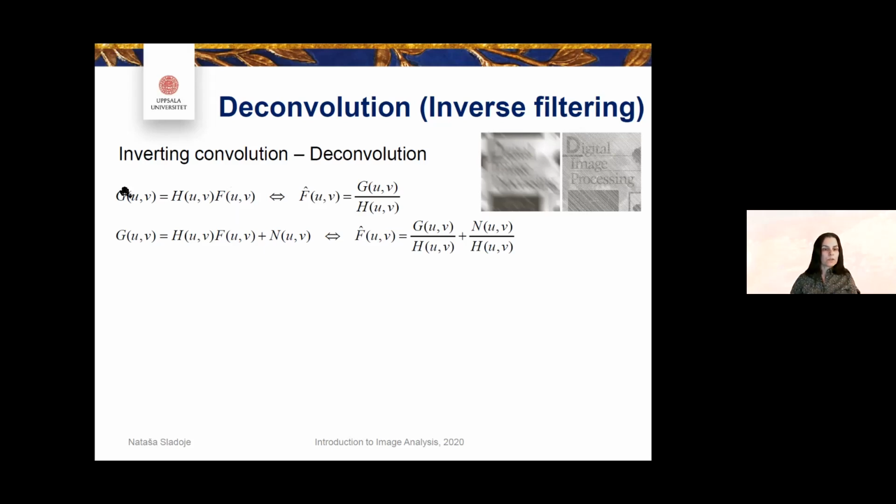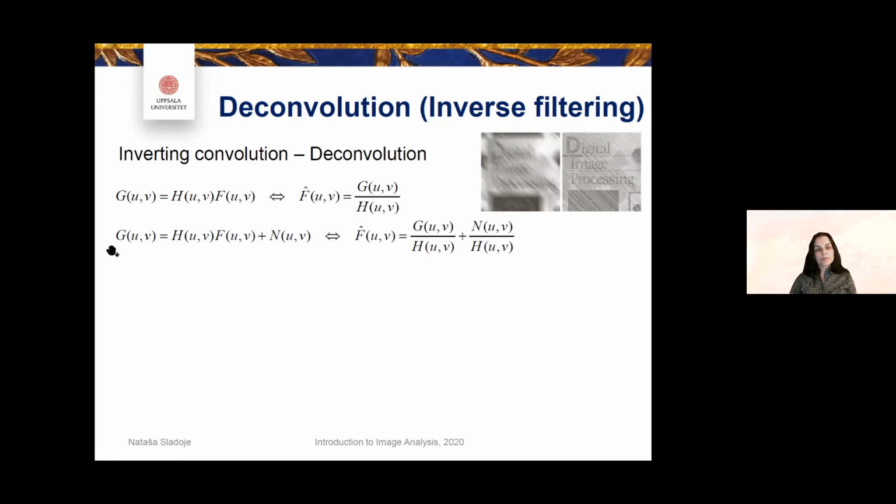From this expression it's quite clear that it's enough to divide the observed image in the Fourier domain by the point spread function in the Fourier domain. And then we are done.